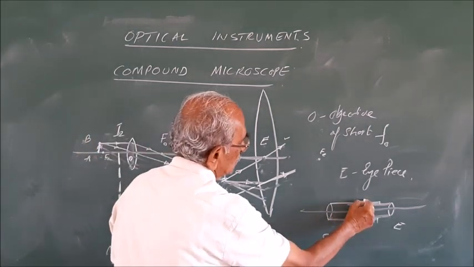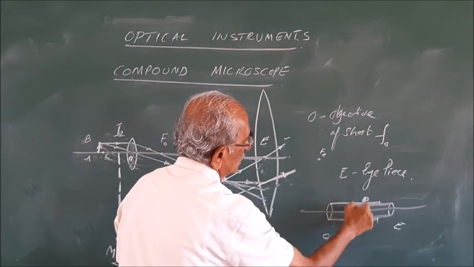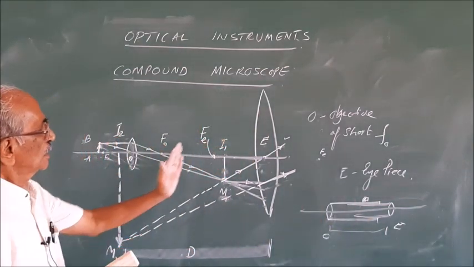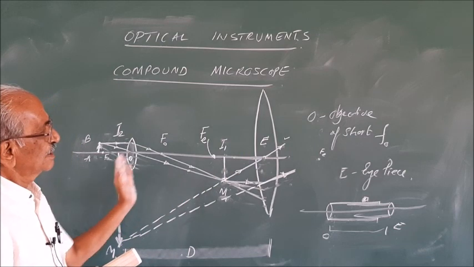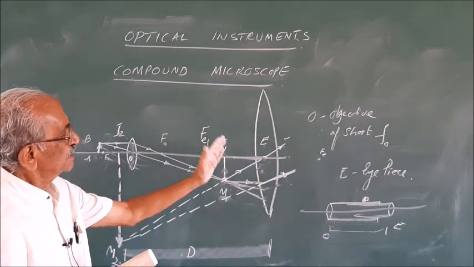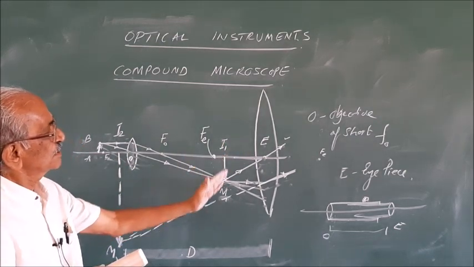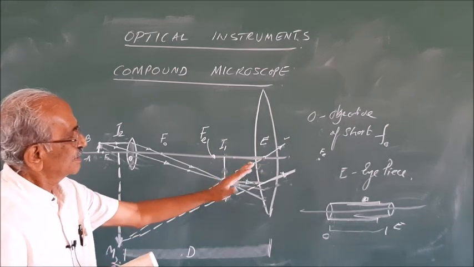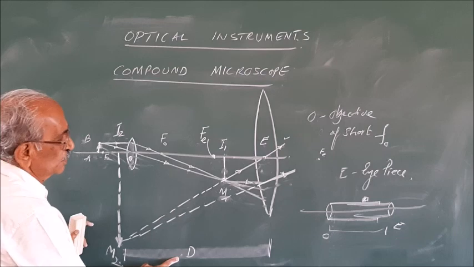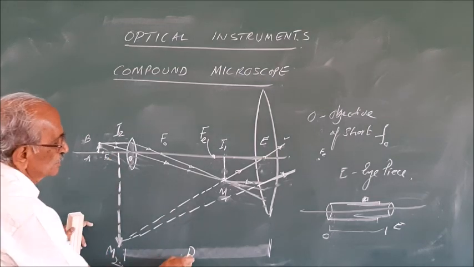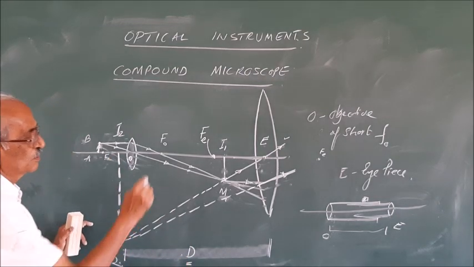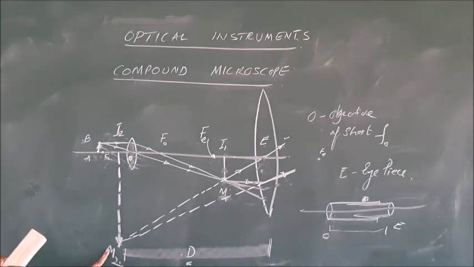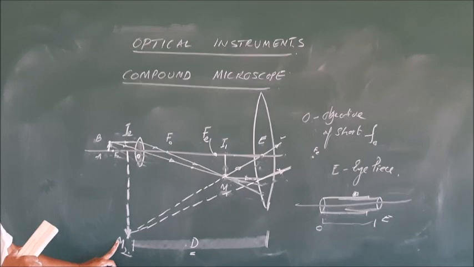Now this is a screw here. You can vary the distance between them. So I vary this distance and bring the image I1M1, which is now the object for this, within this, and then adjust this distance so that the final image is formed at what we call the least distance of distinct vision.